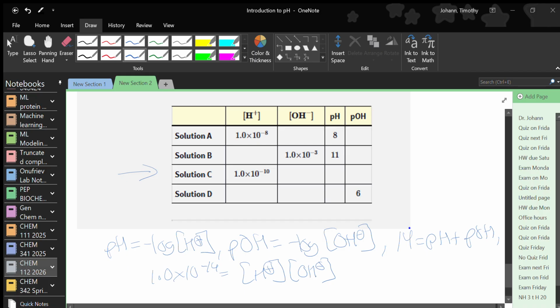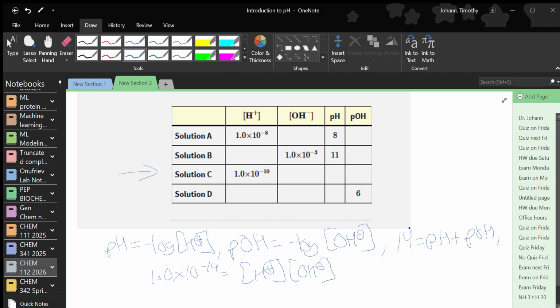Yes? For getting 14, does the negative on the log cancel out the negative of the 14? Does the negative here, you're saying, cancel out when we have negative log in front? Yeah, the log of 10 to the negative 14 is going to have a negative sign in front of it. That makes sense. Right.